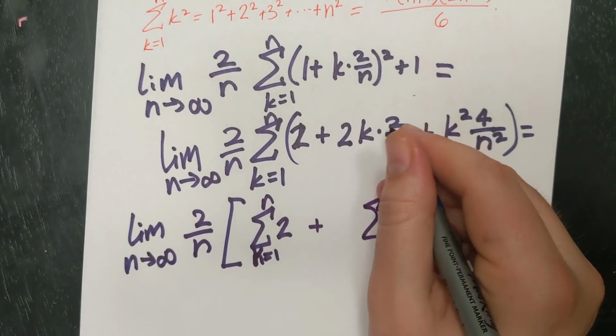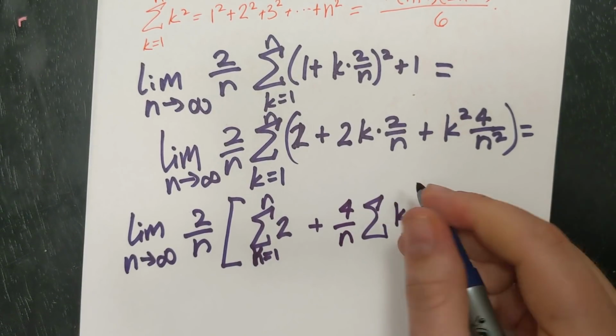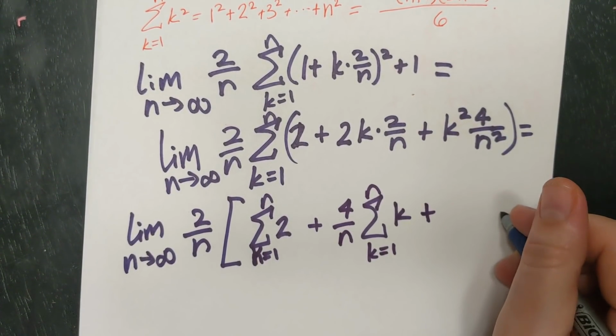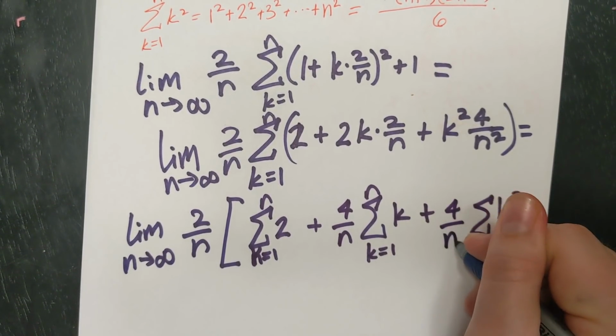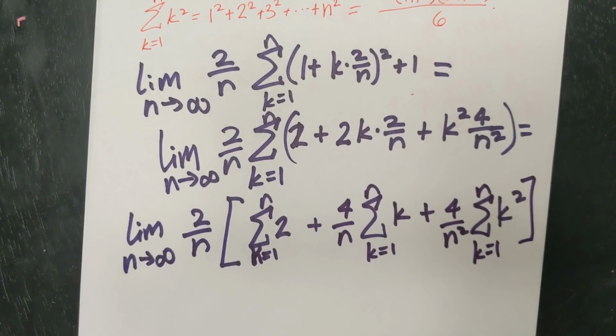I'll have to leave the k inside, but I can pull out the 2 times 2 over n, so I can pull out the 4 over n. Here I have to leave the k squared, but I can pull out the 4 over n squared from the sum, leaving this expression.